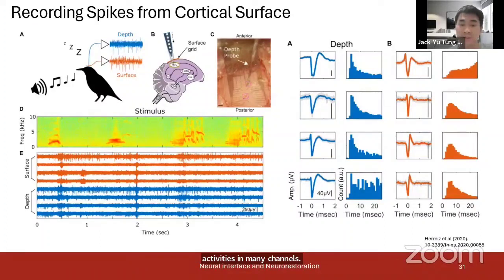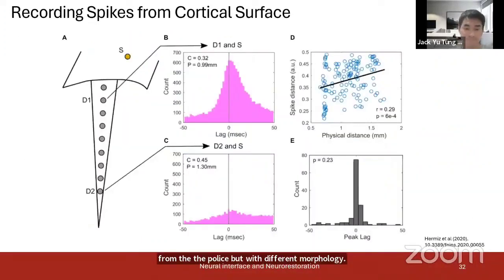And we can further see that spike signals from the micro-ECOG arrays, as per the image on the right, have very similar time course in milliseconds as signals from the deeper layers, but with different morphology from those neurons. And furthermore, there is actually little time lag between the signals recorded at the surface, the location S here, by the micro-ECOG array, as compared to those at the deeper area, D1, which is fairly consistent with the fact that these neurons are monosynaptically connected, as shown in many histological studies from other groups that I've shown earlier.